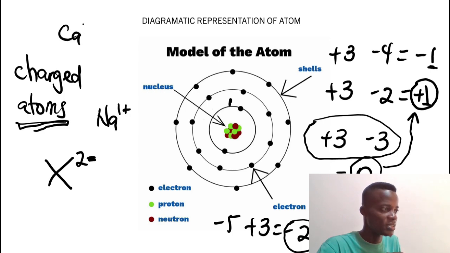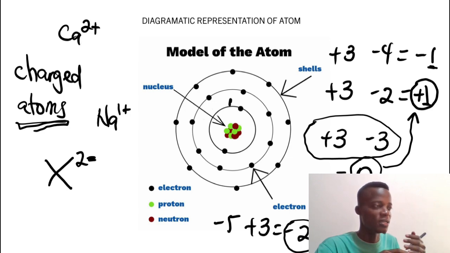So there's something like Ca2 plus, right? It means that in this particular species, the protons exceed the electrons because it's positively charged, and the protons are in excess by 2. That's what the 2 is telling you, and the positive tells you which species is in excess.